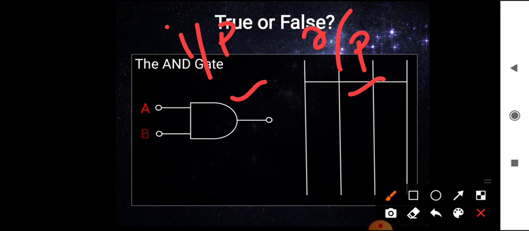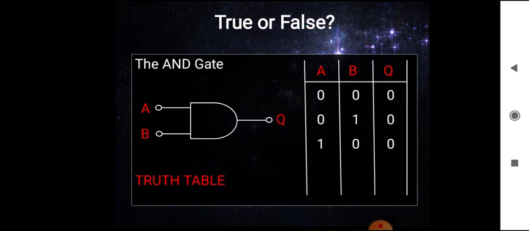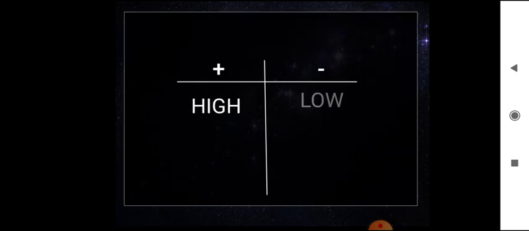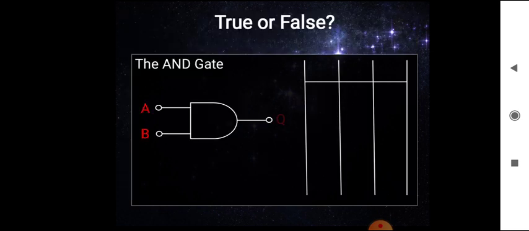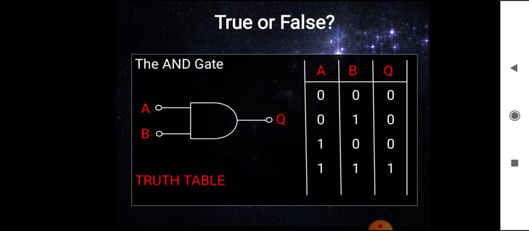Suppose I am giving a high signal, I will get a low signal output. The table shows that we will get the opposite of the input. True means false, 1 means 0. So that means we will get the opposite of the input.